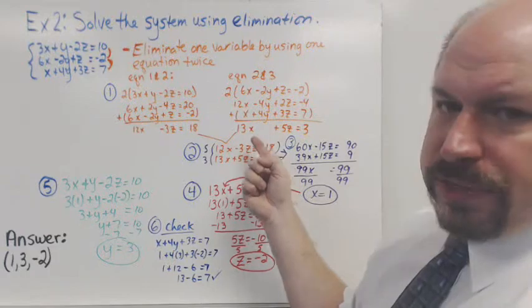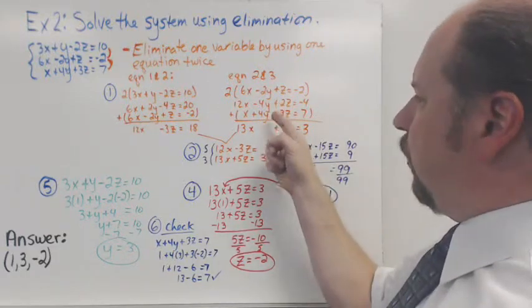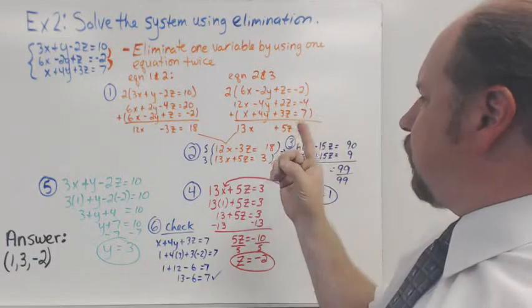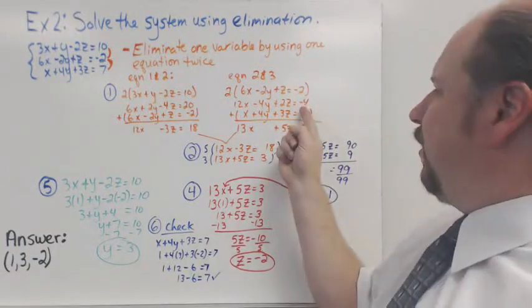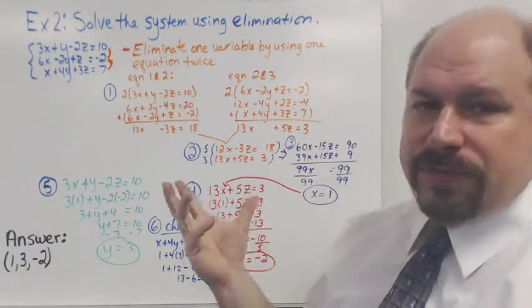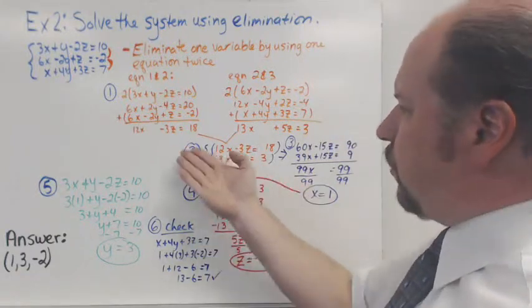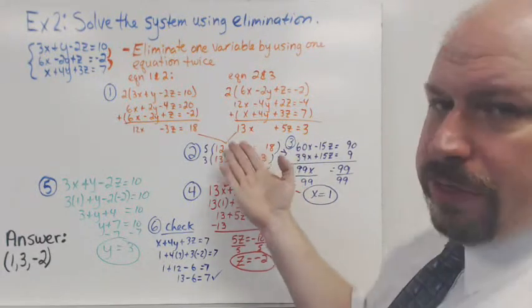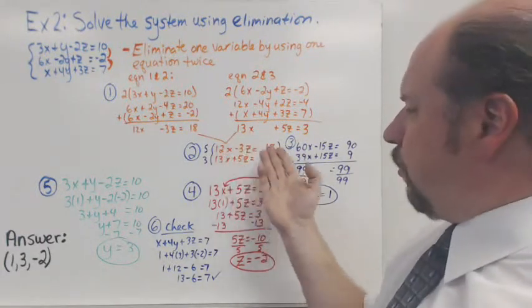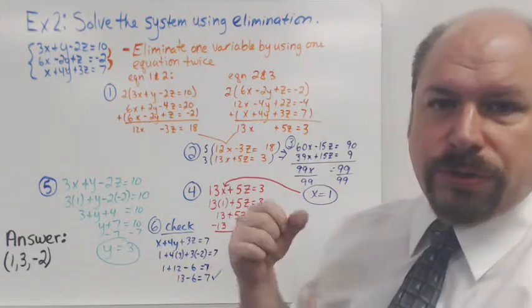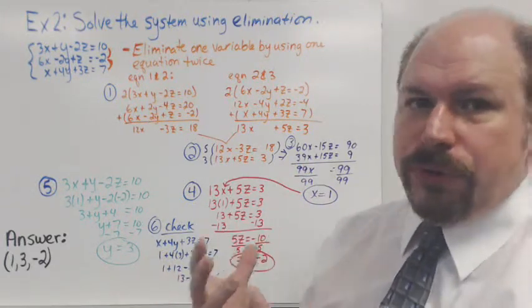So 12x plus x is 13x, -4y plus 4y is 0, and 2z plus 3z is 5z. -4 plus 7 gives us 3. From there, I just rewrote those two equations on top of each other. So this might look a little more familiar. We have two equations with two variables, which you have already done before.